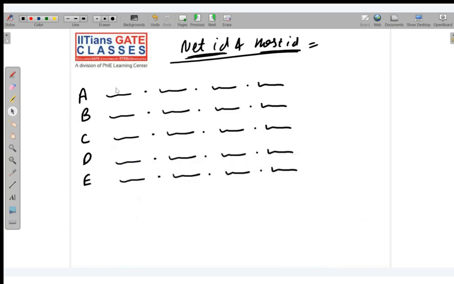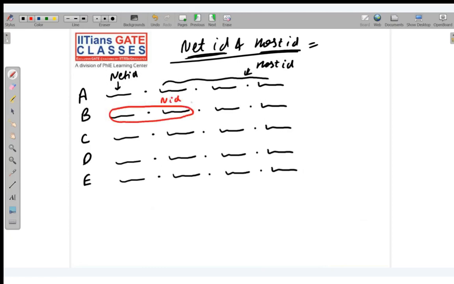In class A, your first octet is reserved as net ID, and the last 3 octets are for host ID. In class B, the first 2 octets are for net ID, and the last 2 octets are for host ID.